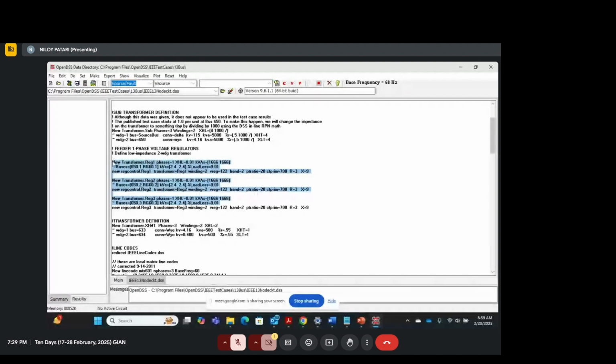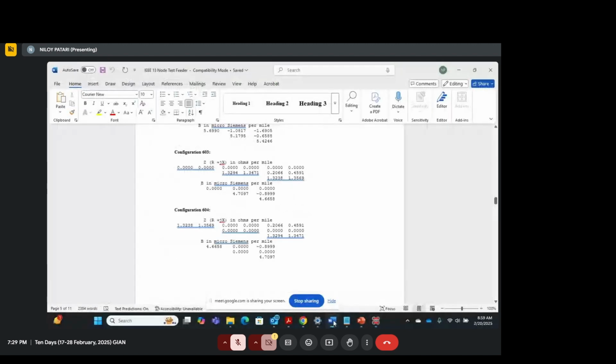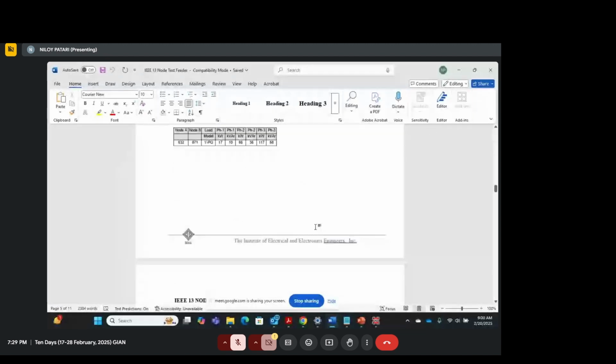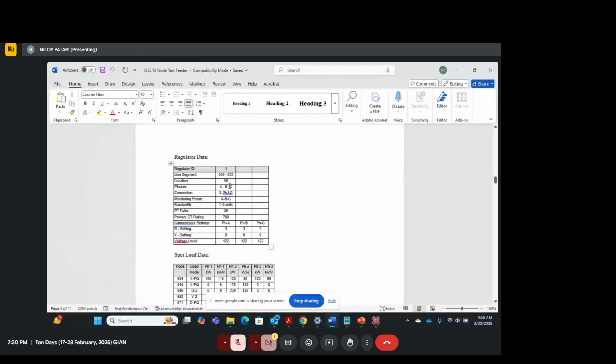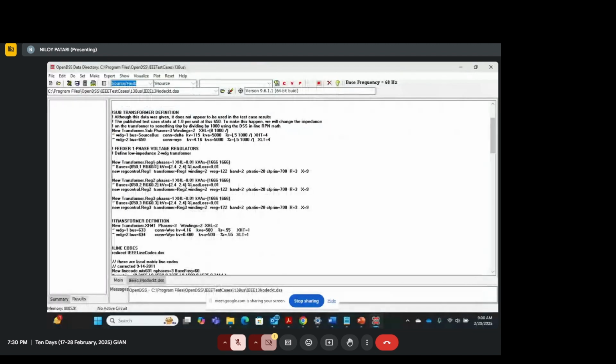Then you have these regulators defined, right? This is regulator 1, regulator 2, regulator 3. Regulator 1 is connected from 650 to RG60. Suppose I show you what this actually means. You have this regulator data, which says 650 to 632, where the regulator is placed. But OpenDSS has created a fictitious node, which is RG60.